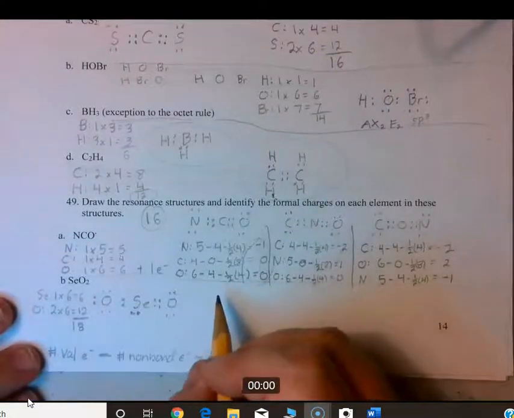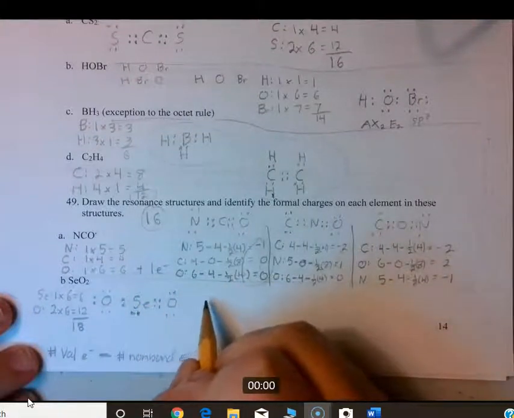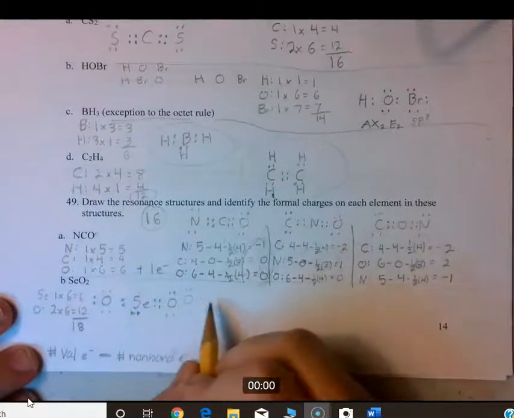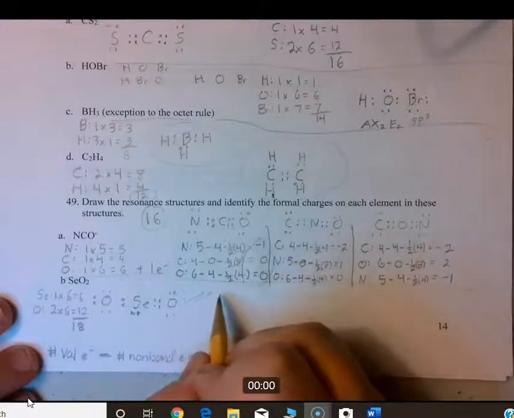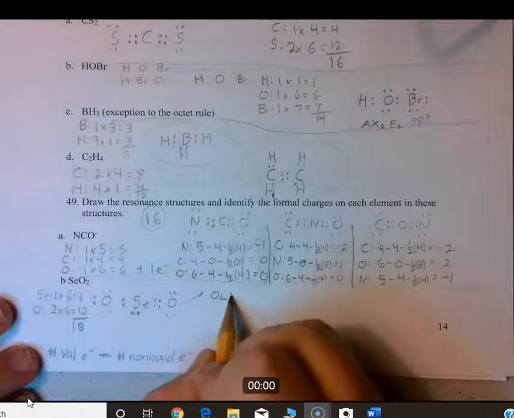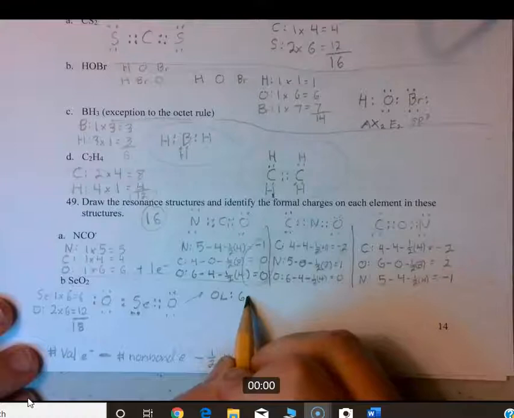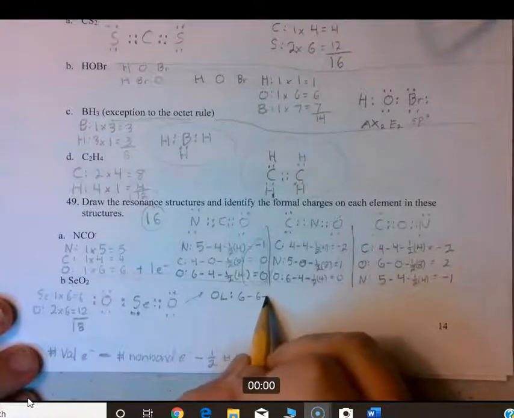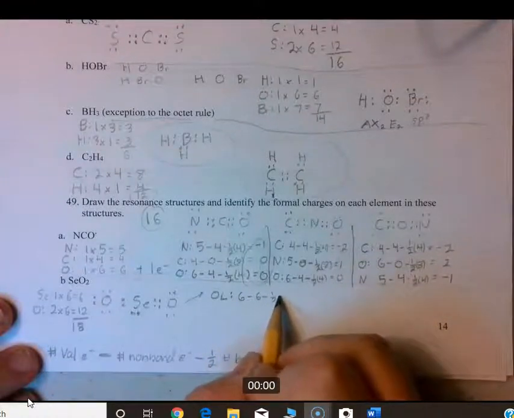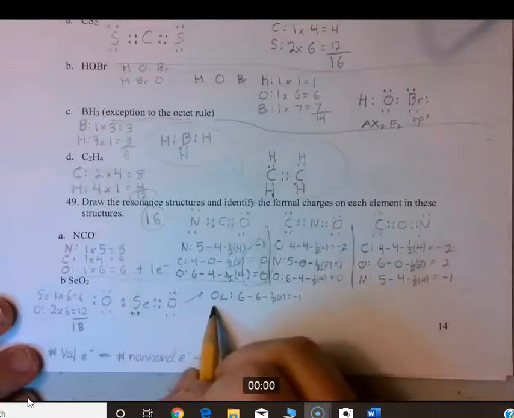And so let's go ahead and figure out the formal charge here. So what about this structure? For this structure right here, we've got oxygen on the left. This oxygen over here is going to be 6 minus 6 minus 1/2 of 2. That's going to equal -1.